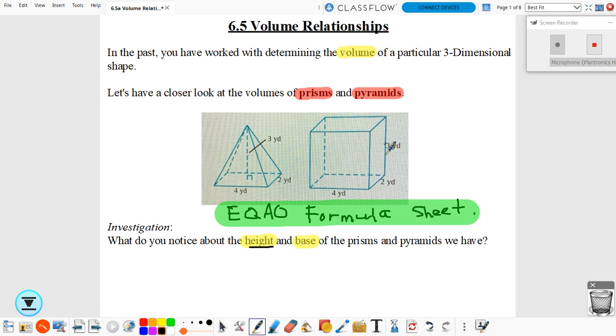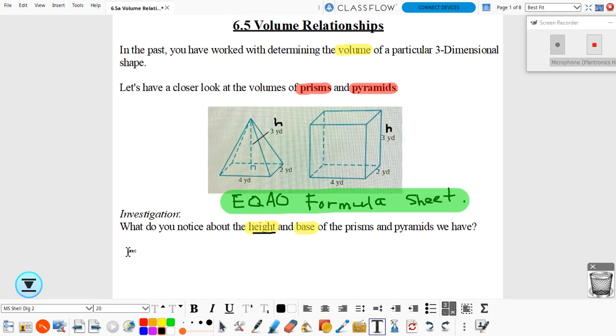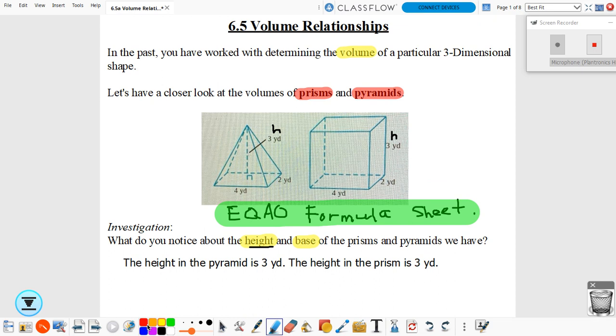And in the prism over here, it looks like the height is 3. So we can go ahead and put H here. The height in the pyramid is 3 yards. The height in the prism is 3 yards. That's what we noticed about the heights. The heights are equal to one another. They are both 3 yards. The heights are equal.